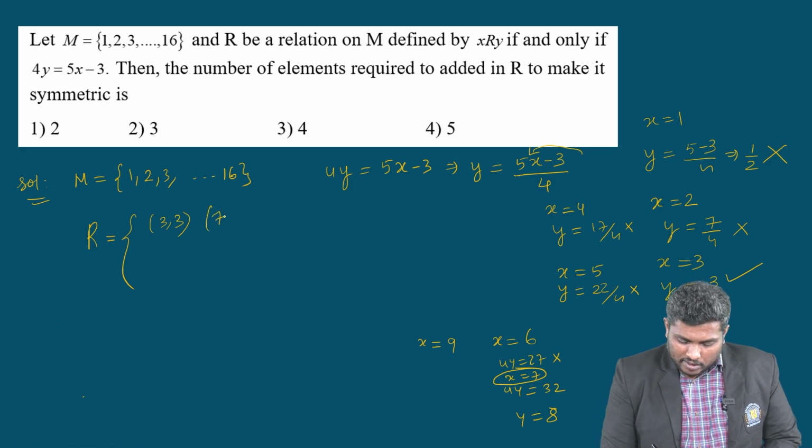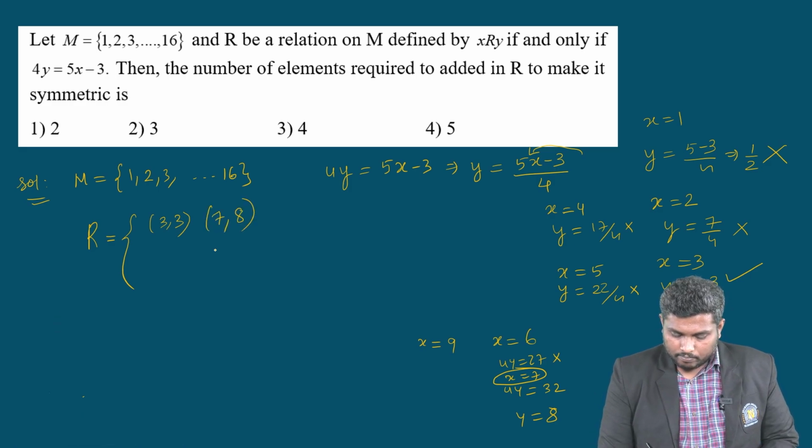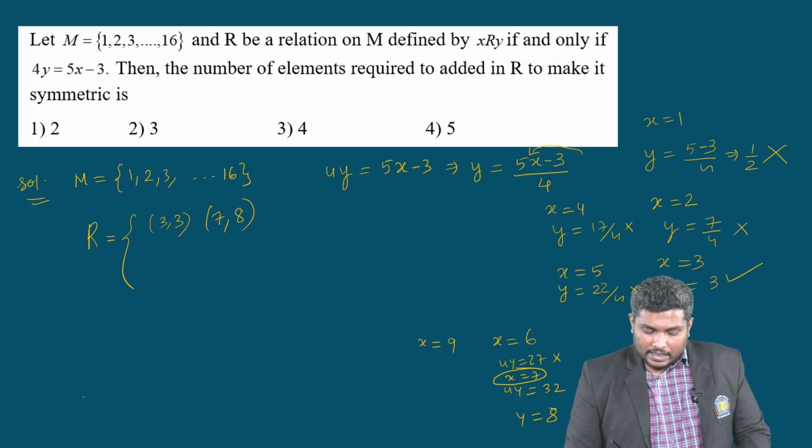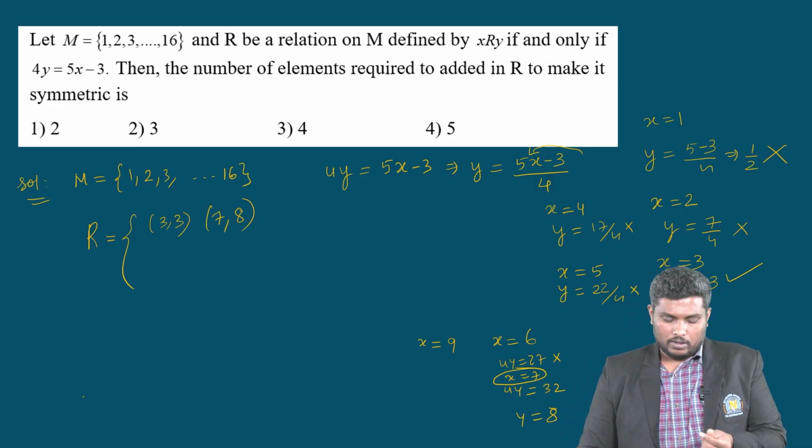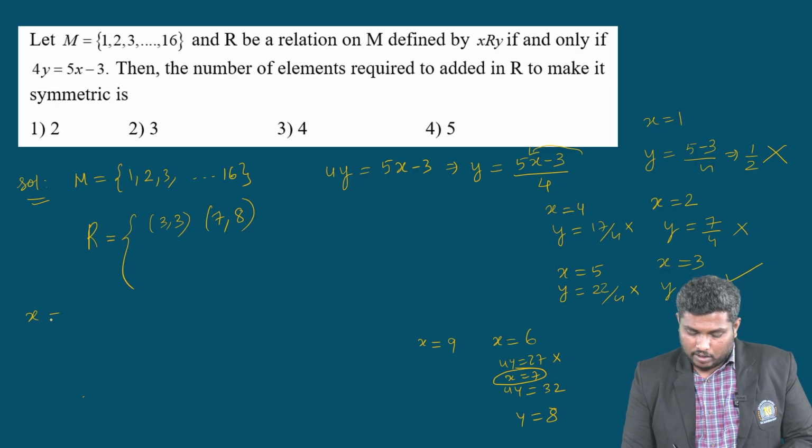So (7, 8). Okay, so there is an increment of 4 for the next element. So now I'm going to check for x is equal to 11 next.